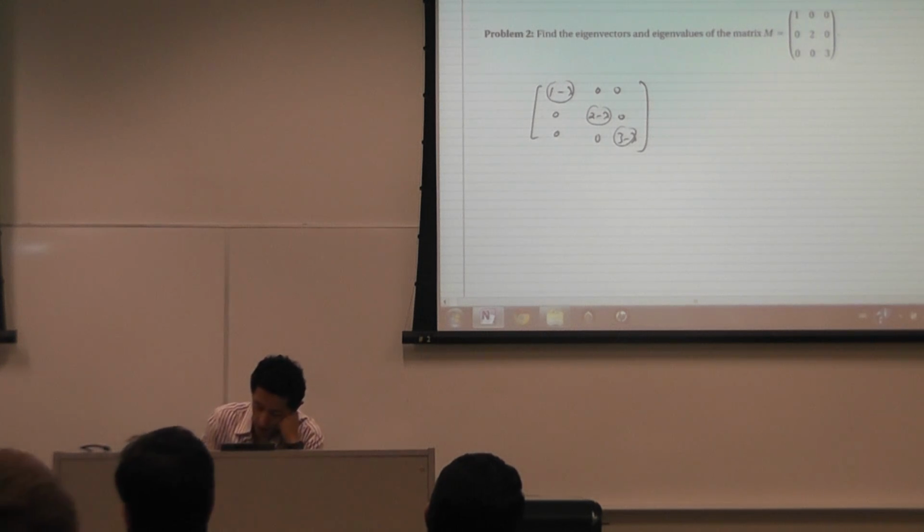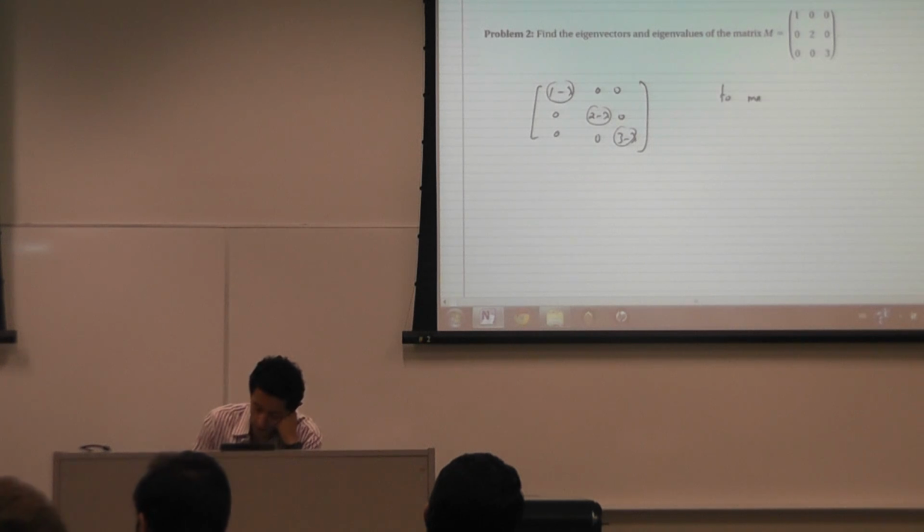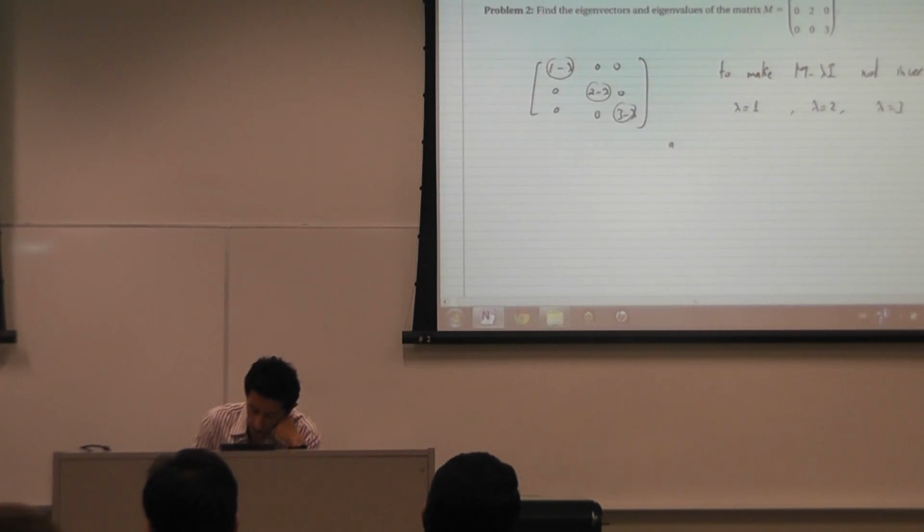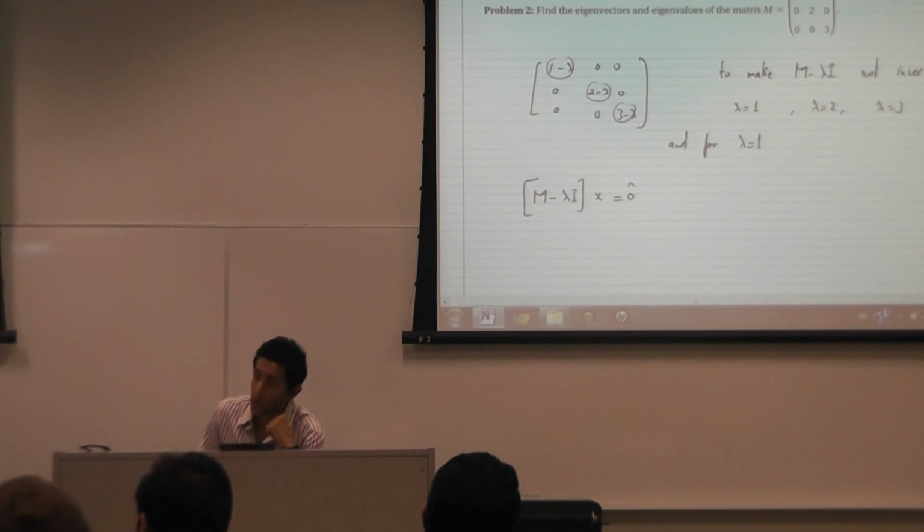And you'll find from the formula for the determinant that to make M minus lambda I not invertible, lambda is equal to 1, lambda is equal to 2, lambda is equal to 3. And for lambda equal to 1, I'm looking for the corresponding eigenvector. What's x that will give me the zero vector?